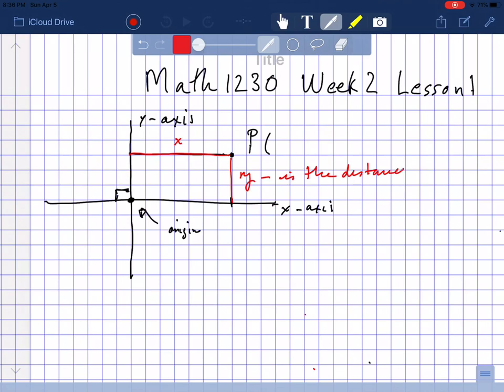Okay? And then we look at the distance of the point P from the x-axis, and we call this y. So y is the distance between P and the x-axis.